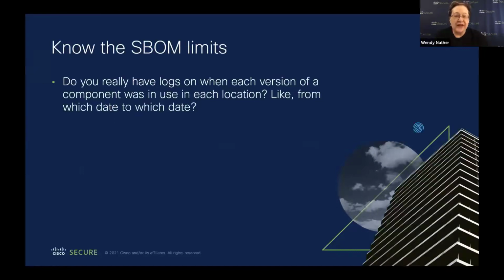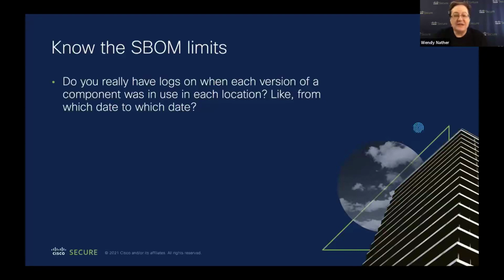Do you really have logs on every component and how long it was installed in which locations, from what date to what date? Again, I'd love to hear about it in Slack if you really can produce those from 6 months away. I'm guessing the answer is no for most people.